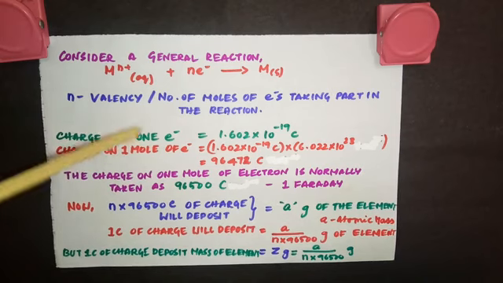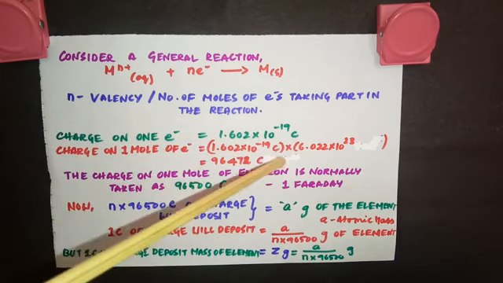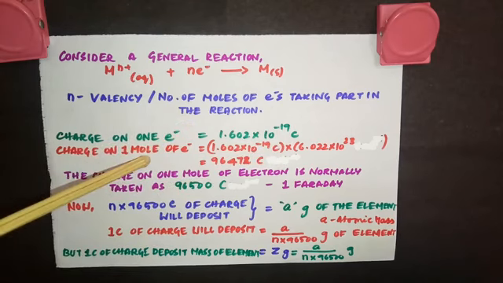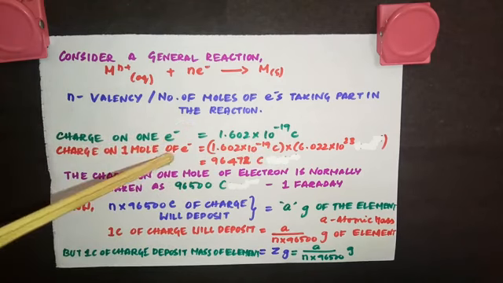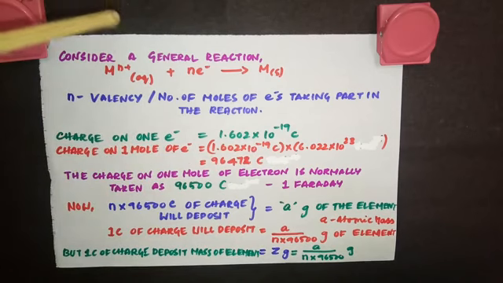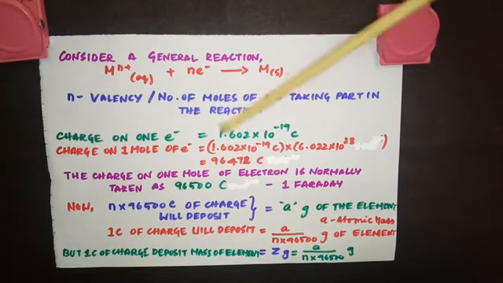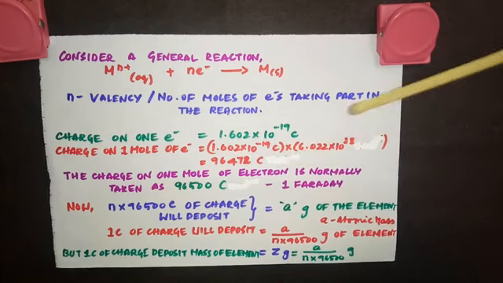So the charge on 1 electron is equal to 1.602 into 10 to the power minus 19 coulomb. Now I want to calculate the charge on 1 mole of electrons. So 1 mole means how many electrons are there? Avogadro number of electrons, which means 6.022 into 10 to the power 23 electrons are there. If charge on 1 electron is this, then what will be the charge on this many electrons?